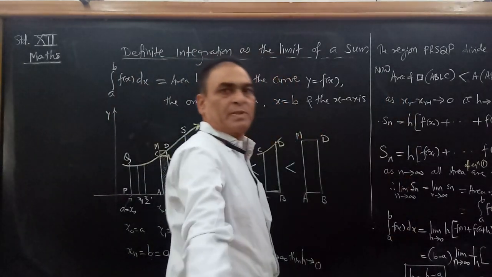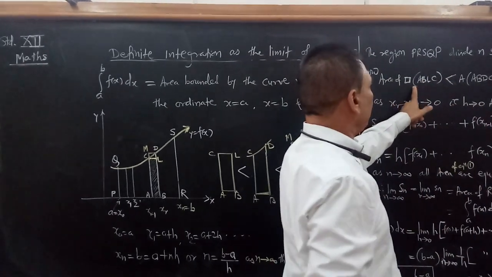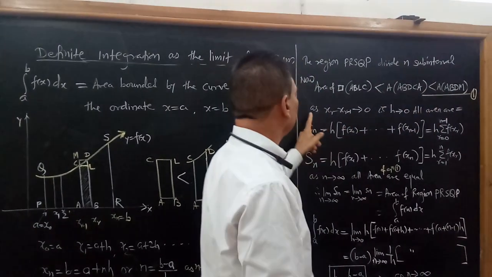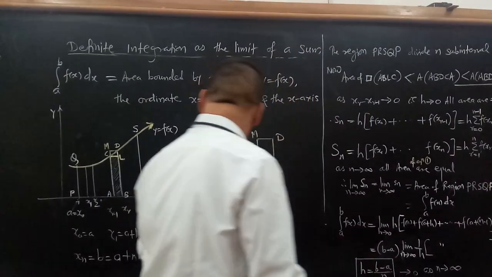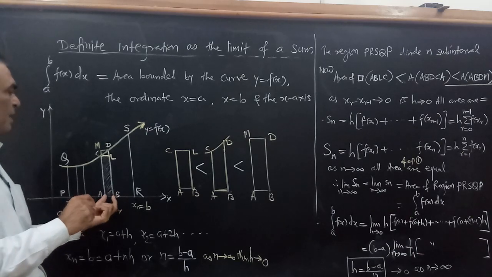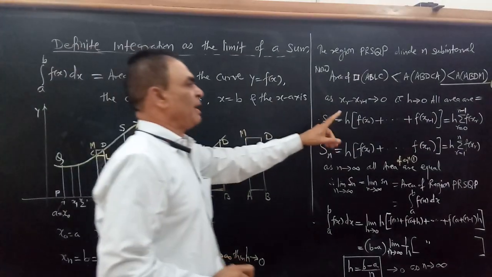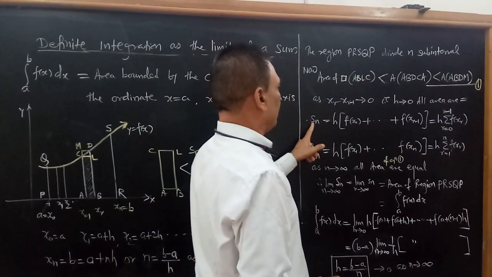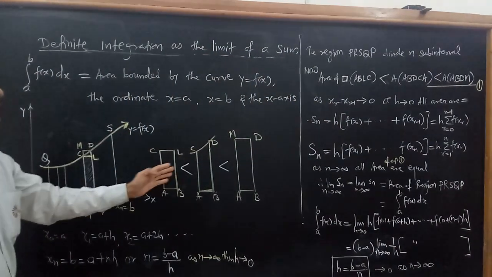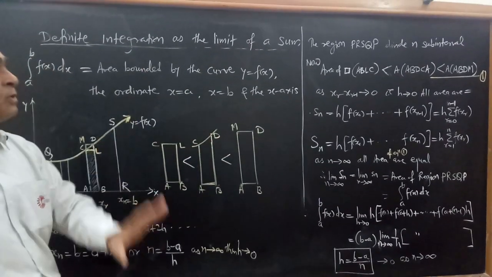The area of the rectangle ABLC is less than this, this is number 1. As this difference is very small, meaning h is very small, automatically these three areas are very close and all areas are equal. The area is denoted by Sn.